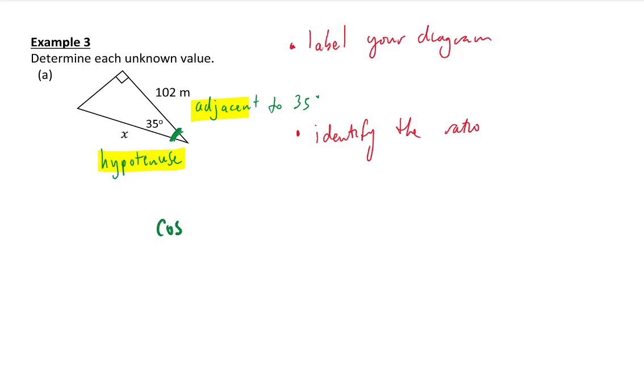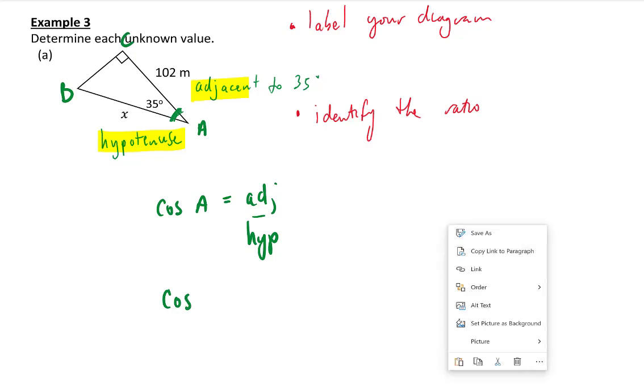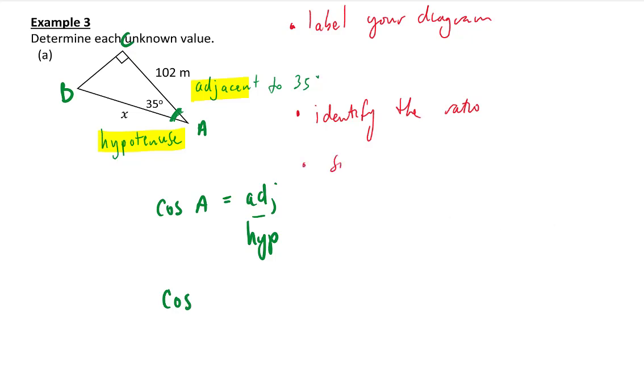So we have the cosine of some angle, let's call this A. Cosine of A is equal to adjacent over the hypotenuse. Okay, and let's label the rest if we like, B and C. And in this example, we know angle A. So once we identify the ratio, we solve the problem. So we substitute and solve.